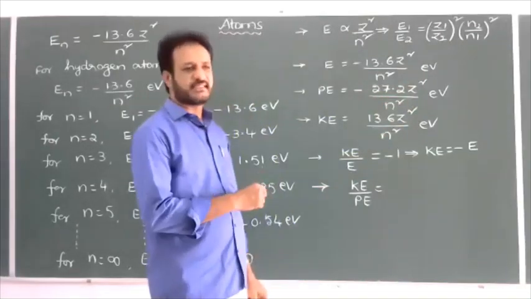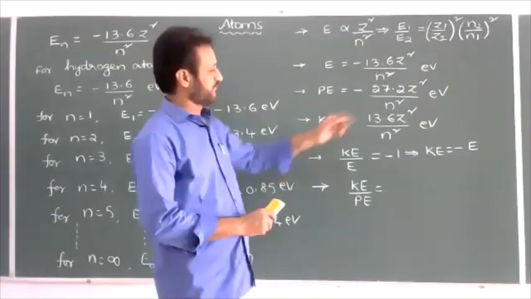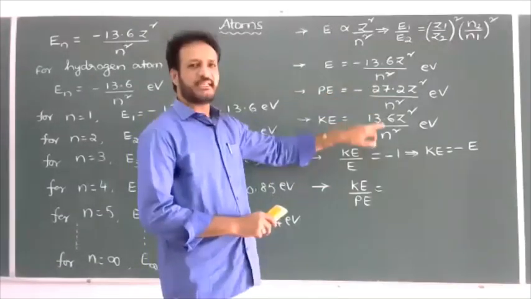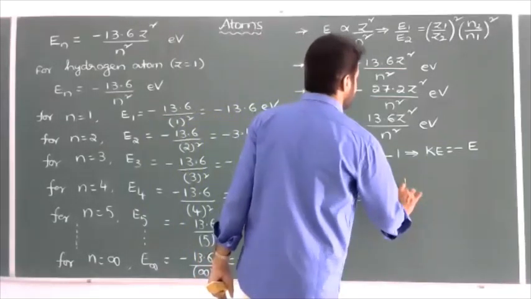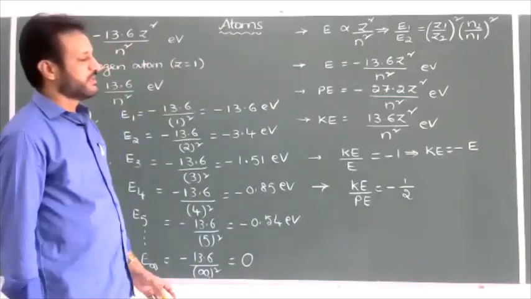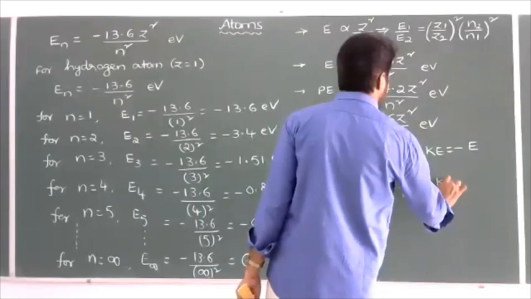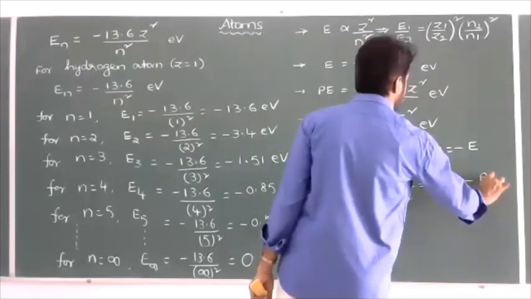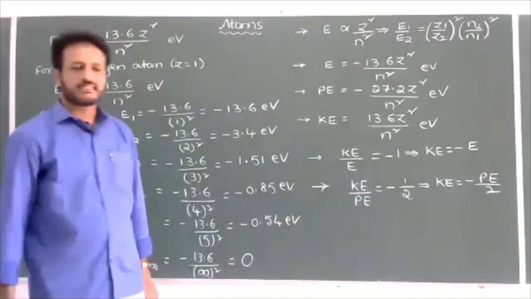N square cancelled, Z square also cancelled, then it is equal to 13.6 by 27.2, minus also there, that equals 1 by 2 times. That implies KE is equal to minus PE by 2. Kinetic energy is equal to minus PE by 2.